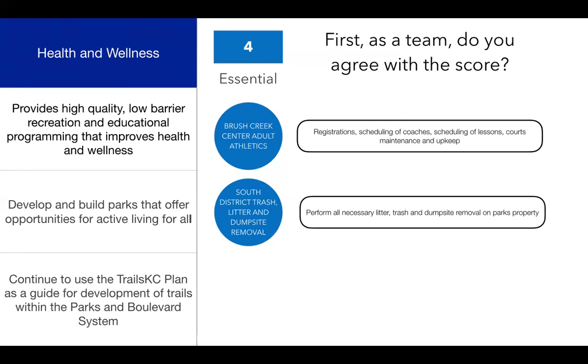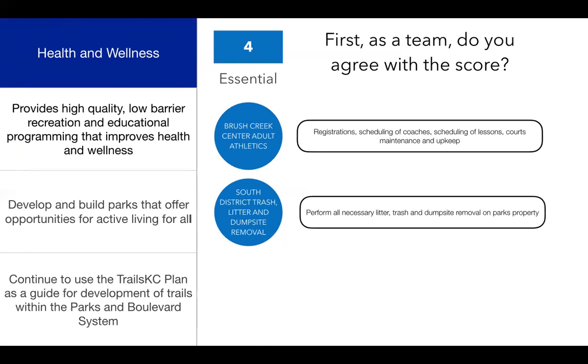Does it make sense that Brush Creek Center Adult Athletics scored a 4 and South District Trash, Litter, and Dump Site Removal scored a 4? The answer could be yes, the answer could be no, but it's important to look at it as a group of these things all scored a 4. Is that consistent? Does that make sense that these are both scored a 4?